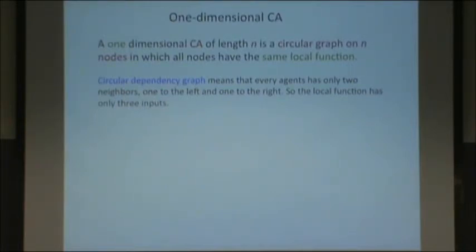So you have an array of as many cells as you want. And usually we think of them as wrapping around. So you have a circular graph really, so that everybody has a neighbor. Otherwise, these 2 end cells will be neighborless, right? And you apply the same function to every cell, again, to make it really simple.